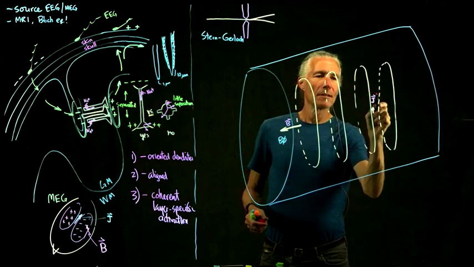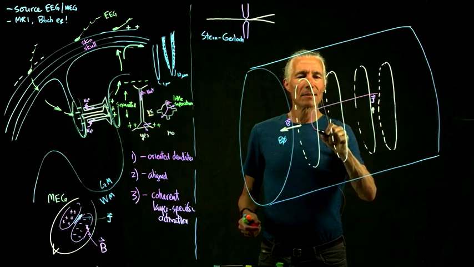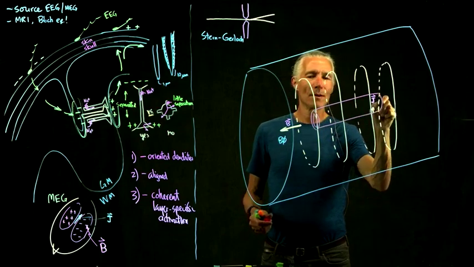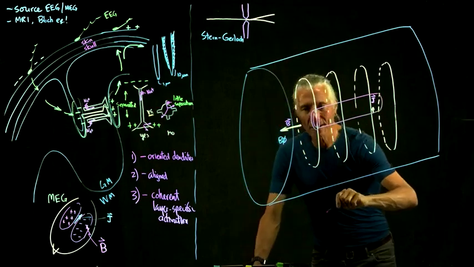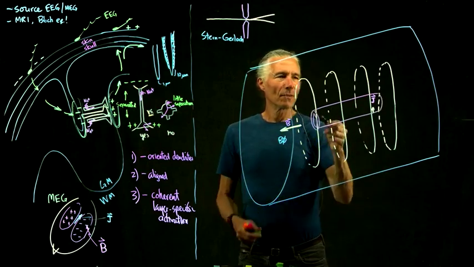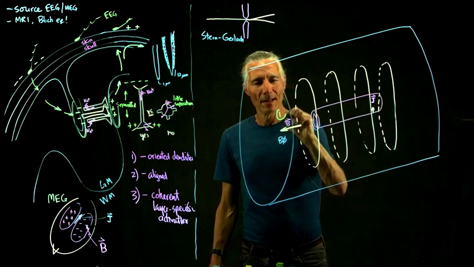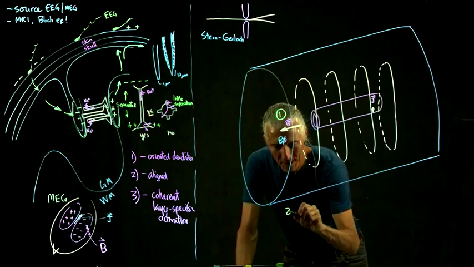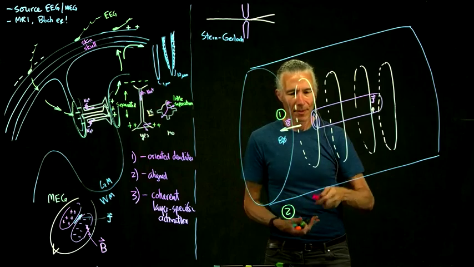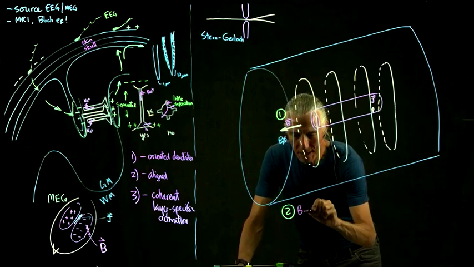So there's a coil in there, and this one is called the body RF coil. It's kind of what forms the bore, actually. So let's number these. The B0 field is number 1, and then number 2 is the body transmit coil.